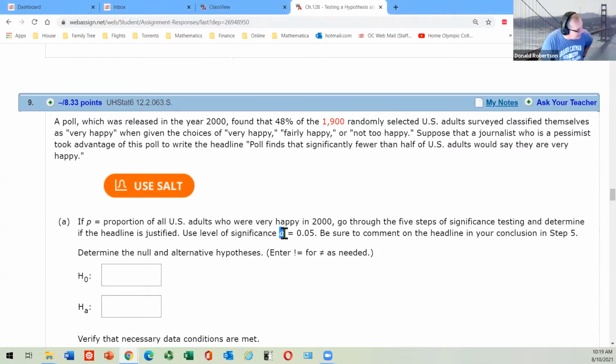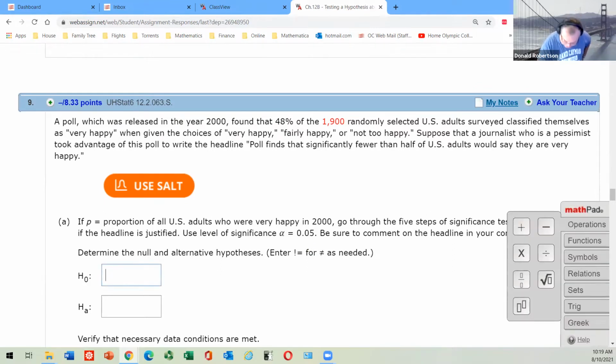And yay, they finally got to tell us the significance level, because sometimes they seem to not mention it. I think last time, didn't they say a standard significance? And we said, okay, it must be 5%, because then they told us anything else. I think we'll have to work on that if they do that again, but it's so much nicer when they just tell you. Now, the null hypothesis here is that it is equal to half the people.